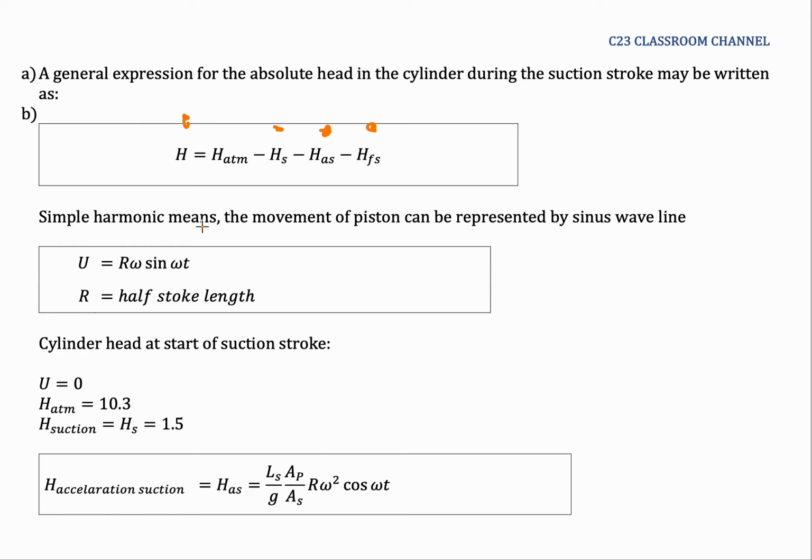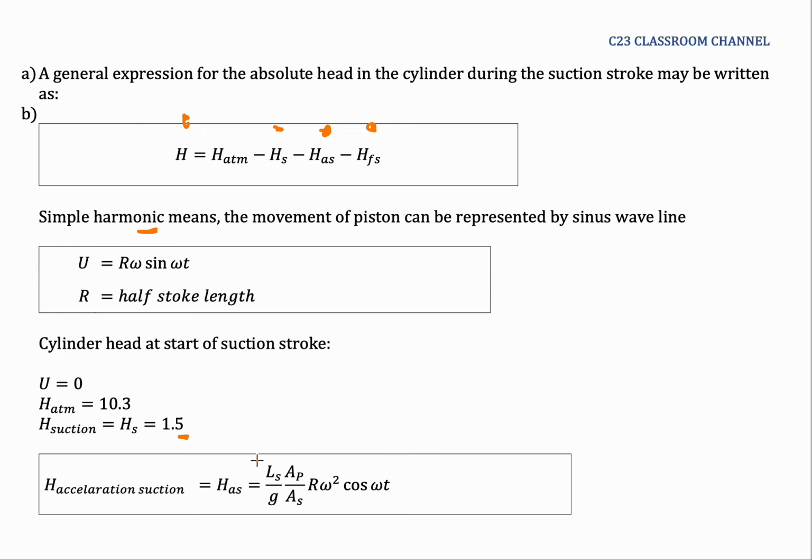And what is the meaning of simple harmonic? It means that it can be represented by a sine wave or sinusoidal pattern. Okay, we could go a little bit faster here. Cylinder head at the start of the suction stroke: we know that the velocity is 0, the atmospheric pressure is 10.3 and the suction head is 1.5.